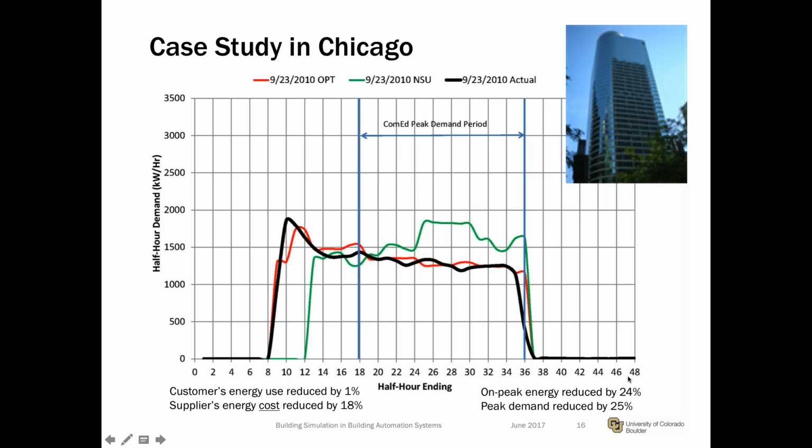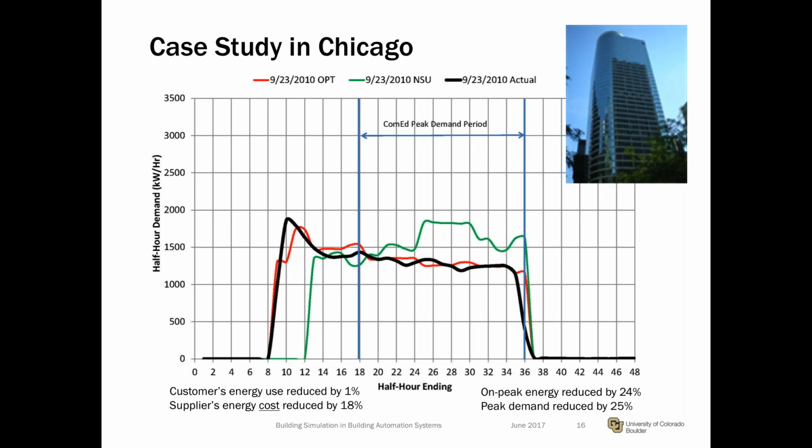Down here on the x-axis you see half hours, so 24 is actually noon. And the Commonwealth Edison peak demand period goes from 9 a.m. to 6 p.m. That's those blue lines. And if we didn't do anything, we would operate the building by starting up systems at 6 a.m. and we would see a daytime peak of about 1800 kW.